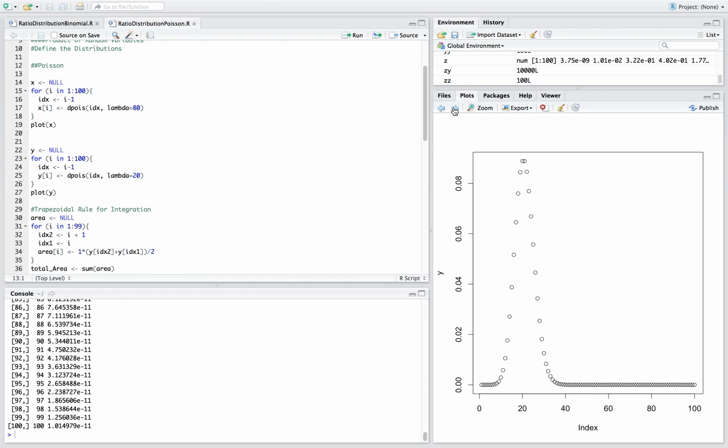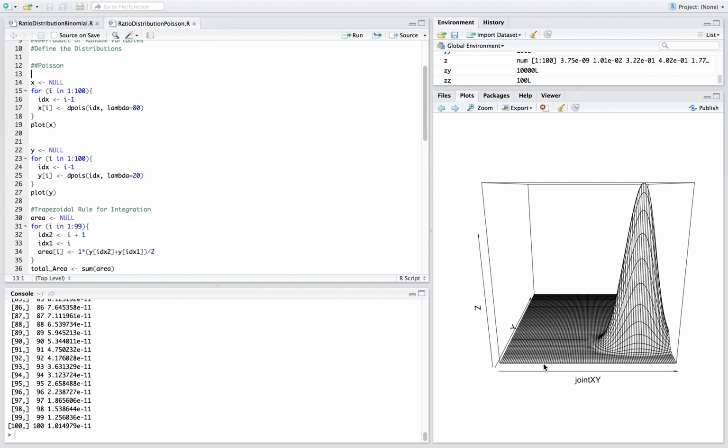So now I'm going to do the ratio of the one centered at 80-ish, divided by the one centered at around 20. That should give me a distribution centered somewhere around 4, because 80 divided by 20 is 4. I don't know exactly the distribution. It won't be Poisson, but it'll have a similar shape to it.